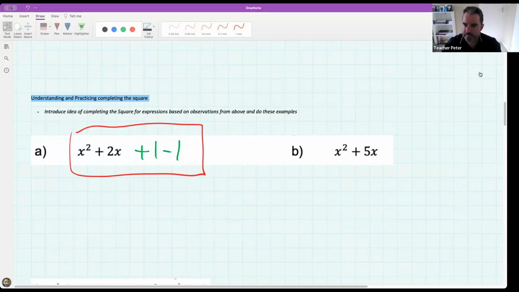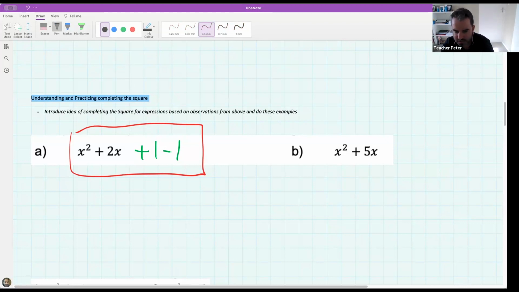Okay, well, it is the same expression because when you add 1 and take 1 away, that's the same as 0. So in some ways you can say it looks different, but in terms of what's actually there, it's the same value because you just added 1 and took 1 away.